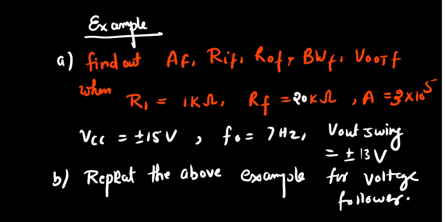Next, let's solve one numerical example, which is of interest to all of you because it will come in the exam. You have an op-amp, you apply a power supply of plus minus 15, the bandwidth of this op-amp is 7 hertz, and the output swing is plus minus 13 volt.